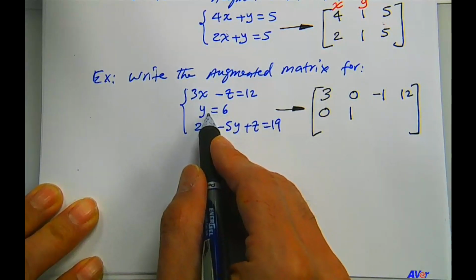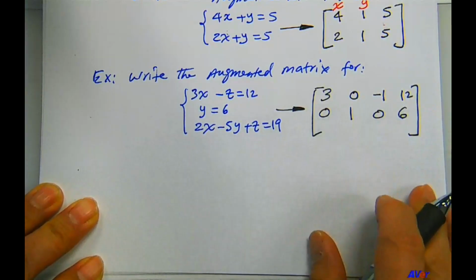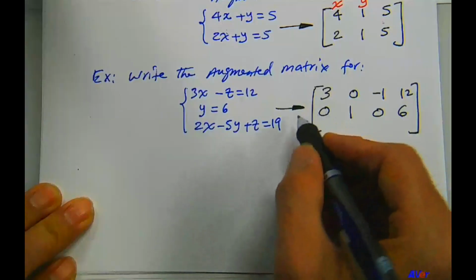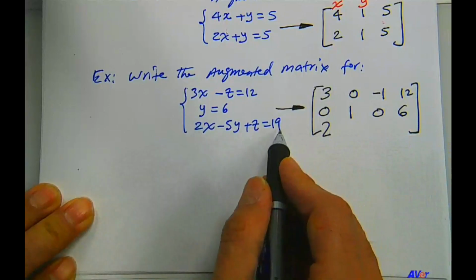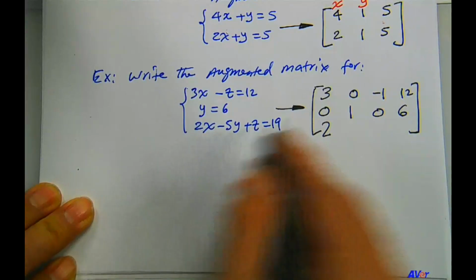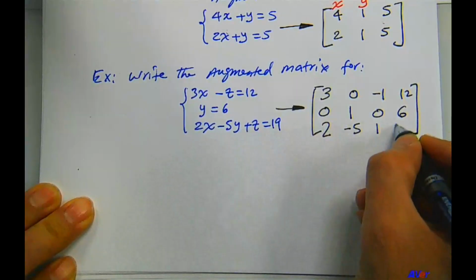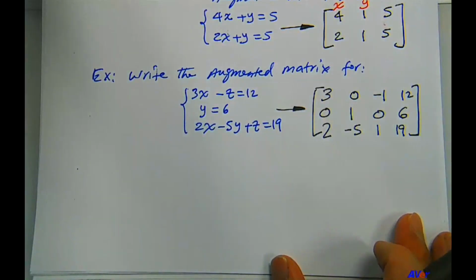There is no z, so we enter 0 again, and then 6 will be the number on the far right-hand side. In the bottom row, we have 2 as the coefficient. We have all 3 variables, that's good. And then we have -5. We have 1, and then we have 19. So that's the augmented matrix for this initial system.